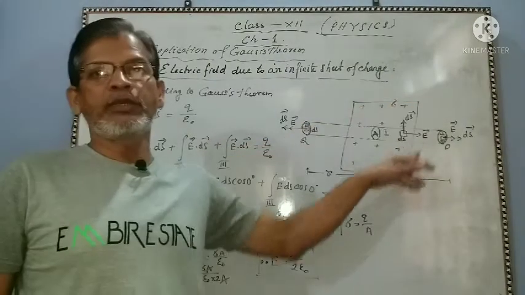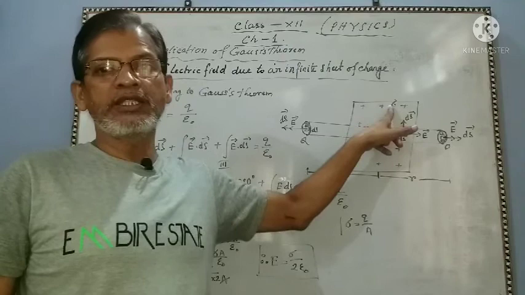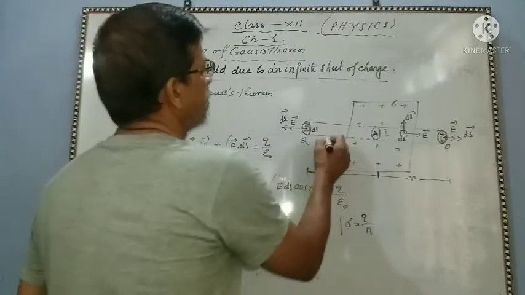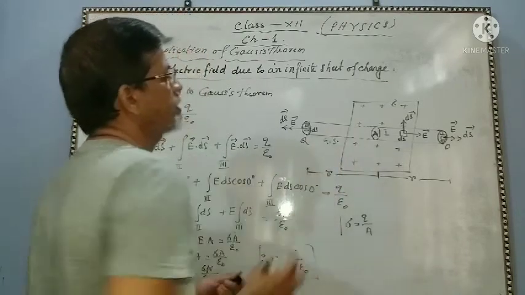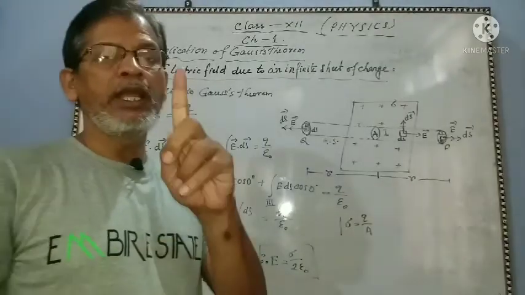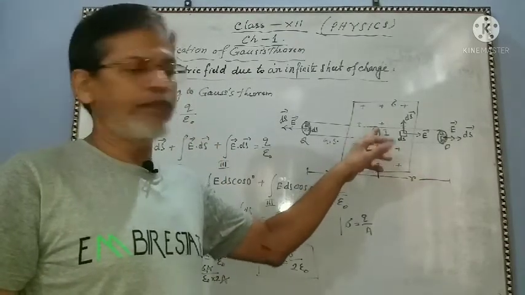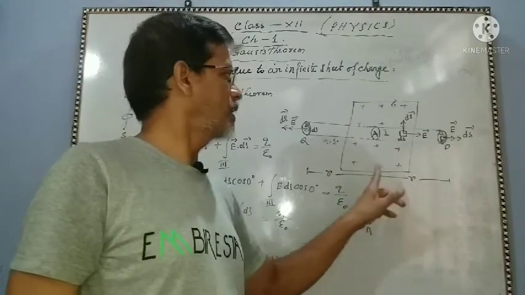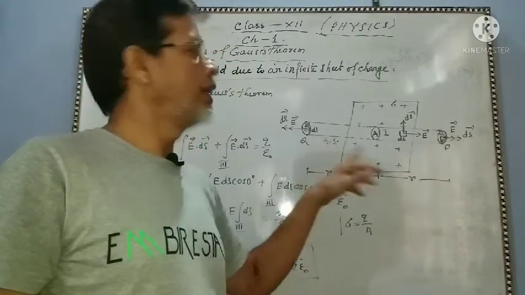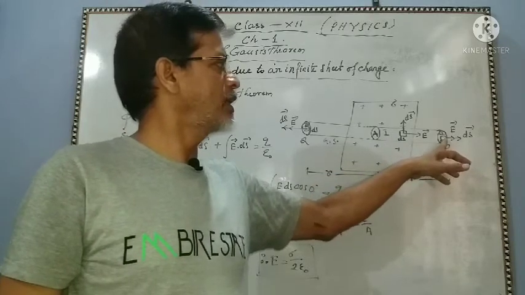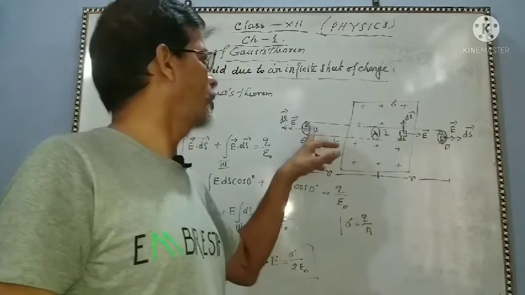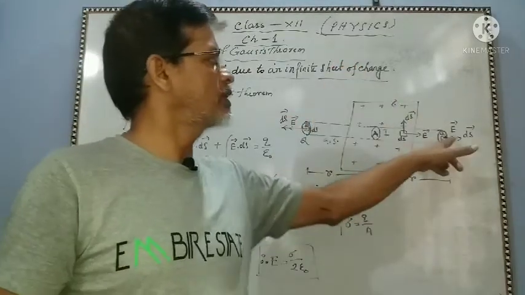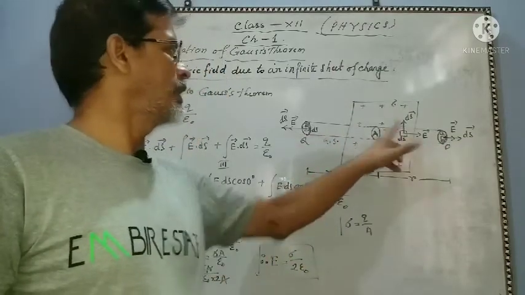This is the infinite sheet of charge whose surface charge density is sigma. We have taken a cylindrical Gaussian surface whose area of cross section is A, and we have taken two points at distance r from the sheet, P and Q. At points P, Q and S we have taken ds vectors. The electric field is perpendicular to the surface, so the angles are 0, 0 and 90 degrees.